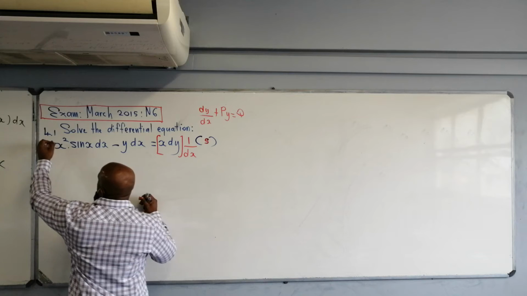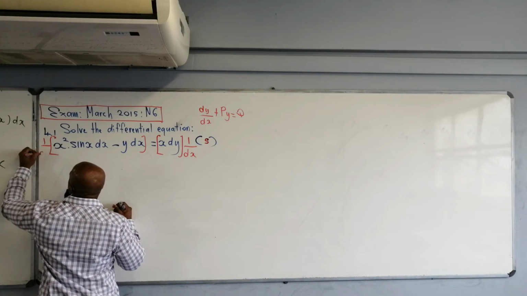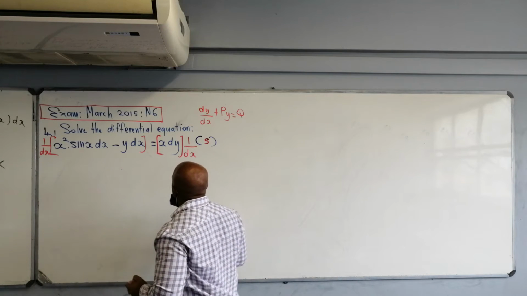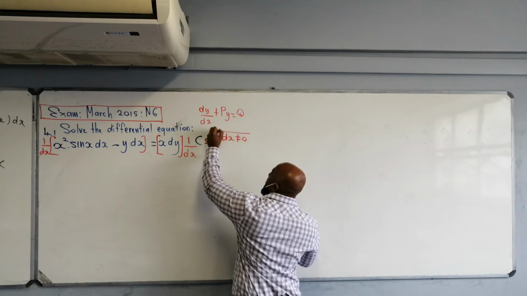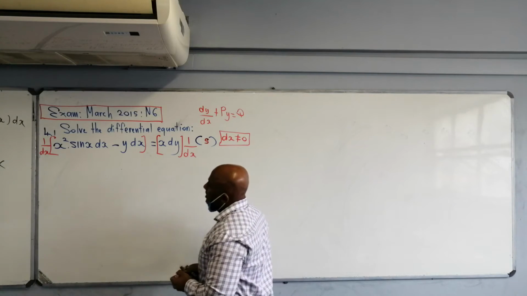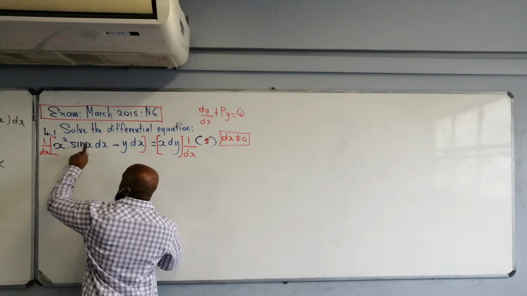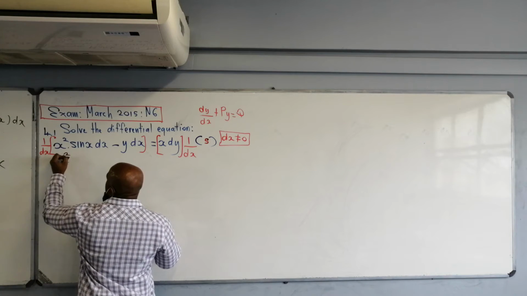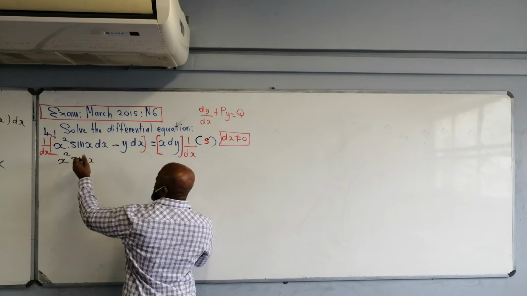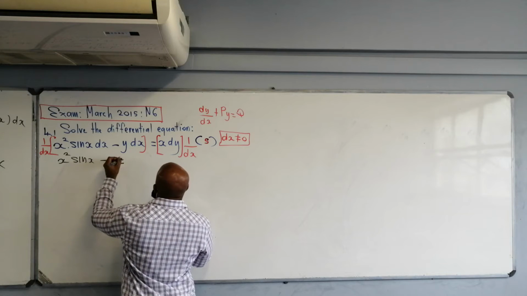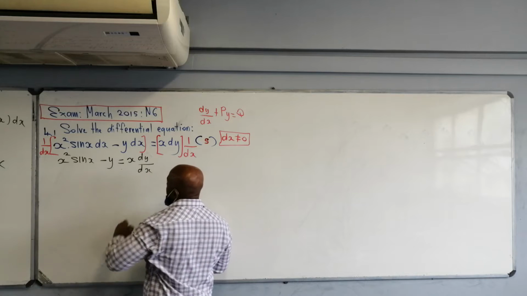Whatever I do on the right hand side, I must do on the left hand side. 1 over dx. Remember, you're dividing by dx, so dx must not equal 0, obviously. But let's see what happens. So 1 over dx times this here, you'll end up with x squared sine x, and 1 over dx times term 2 will be minus y is equal to x times dy over dx.